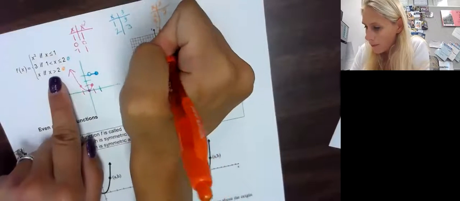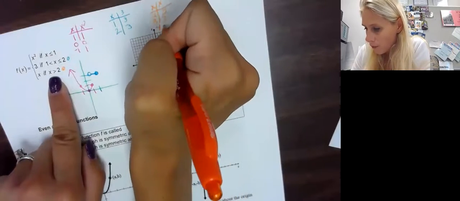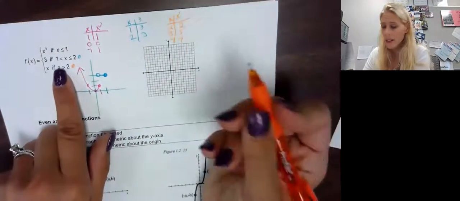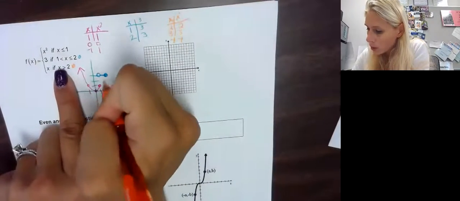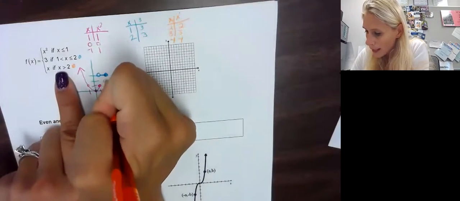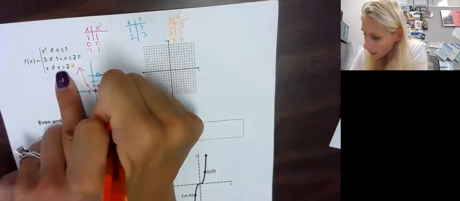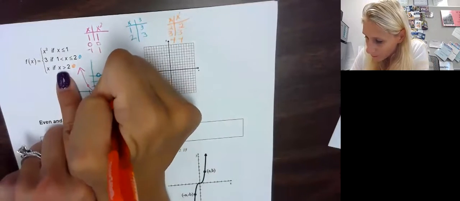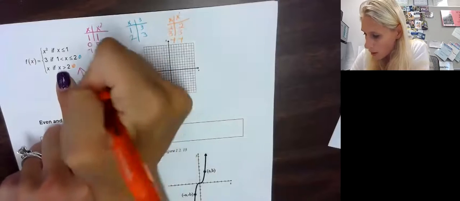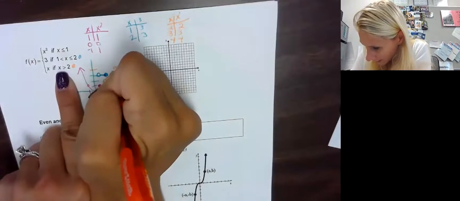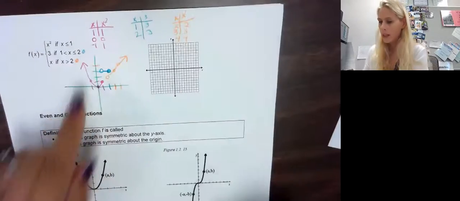So we would go 3, 4, because it's the same value. So let me start graphing that. So 2, 2, and it stays open because it's not equal to. At 3, it's 3. At 4, it's 4. And as you can see, it's a line, and it will keep going.